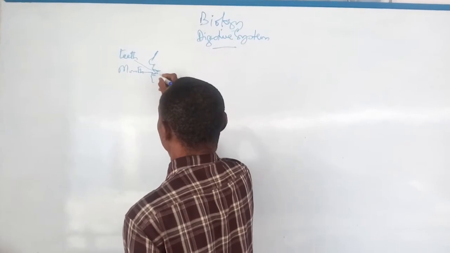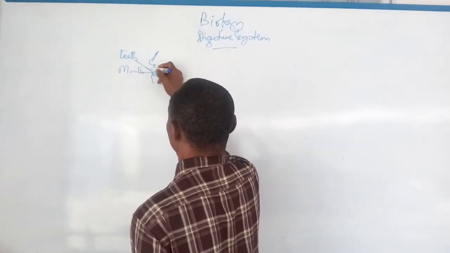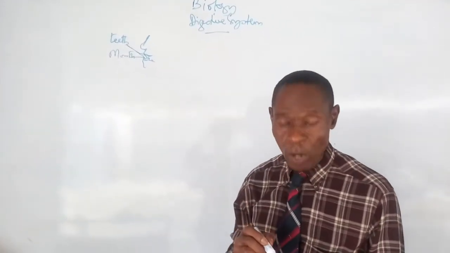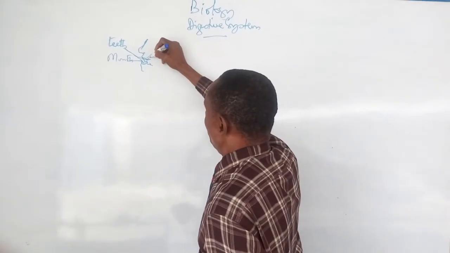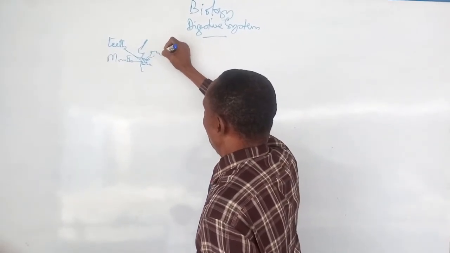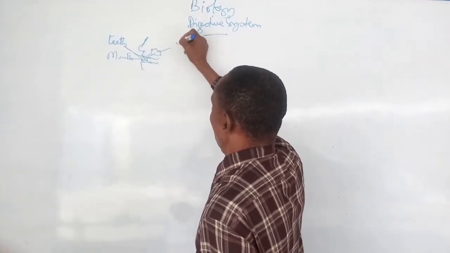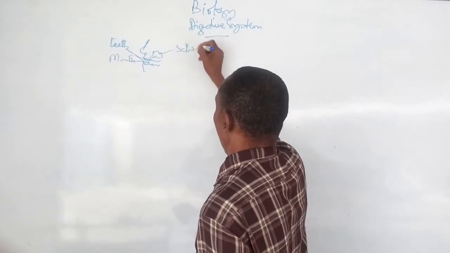Inside the mouth we have the tongue, and associated with the mouth we also have the salivary gland. This is the salivary gland.